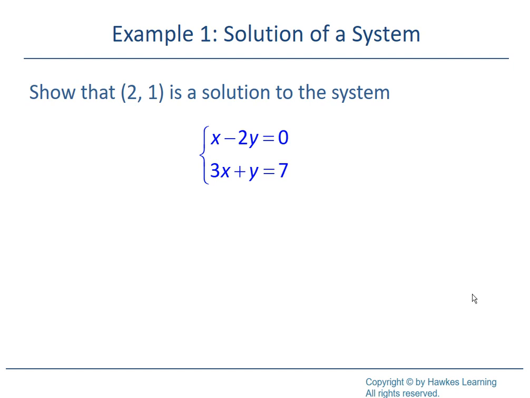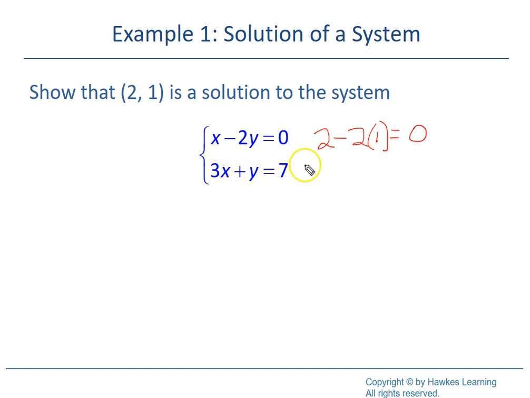So we want to know, is this ordered pair a solution for this set of equations? So what we do is we substitute. The x is a 2 minus, now the y is a 1, so it's 2 times 1. Does that equal 0? We'll just do the substitution first.